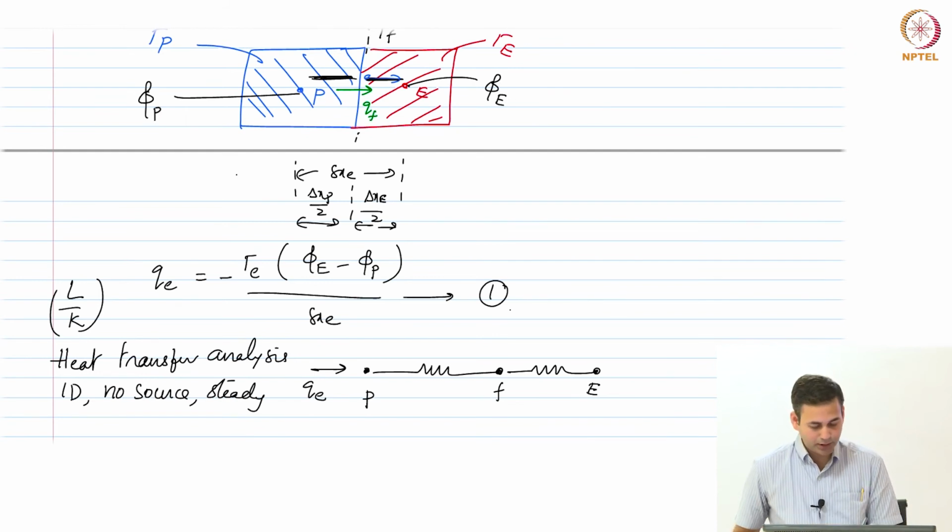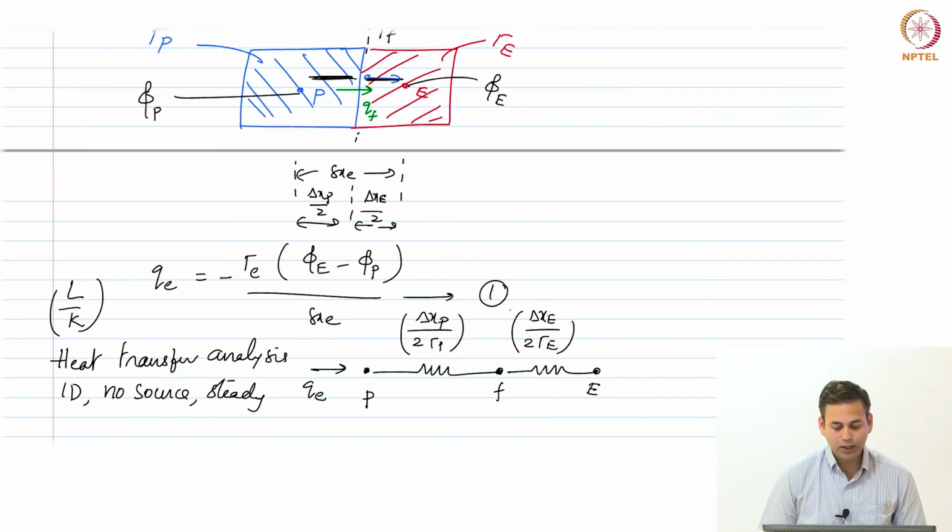So that means what is the first one here? The length is delta x P by 2, and then L divided by K is delta x P by 2 gamma P, this is the first one. What about here? Delta x E by 2 times gamma E. Do you all agree that this is correct?